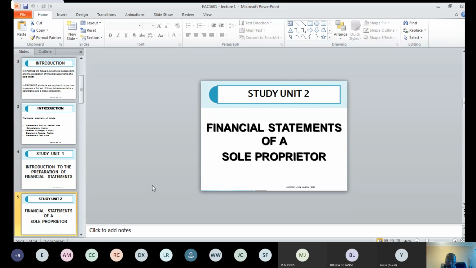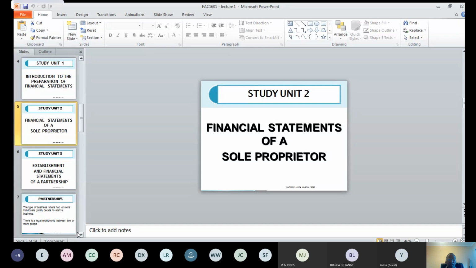In study unit number 2, we deal with financial statements of a sole proprietor, which is just revision of the FAC1502 work. It reminds you about the fact that you get a trial balance that is used to actually do your financial statements. But together with your trial balance, you will also have adjustments or additional information that will impact on the amounts in your trial balance.